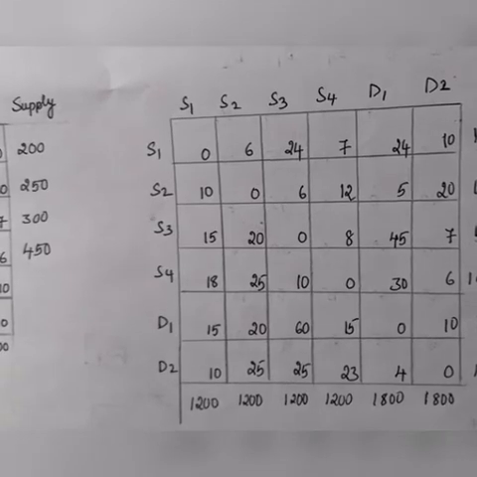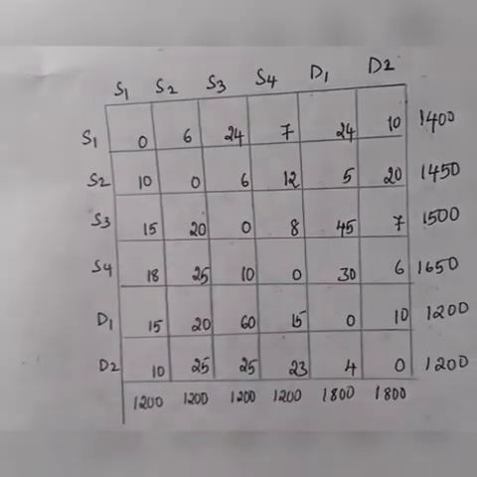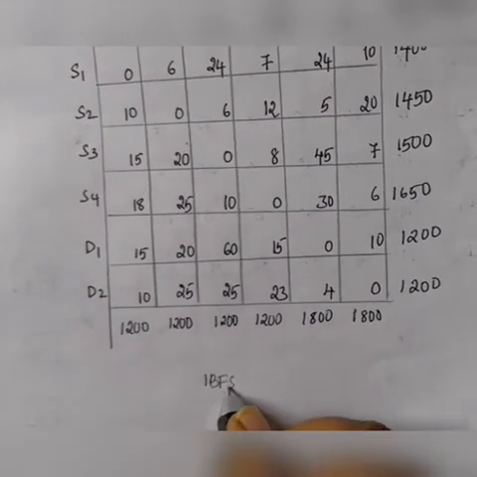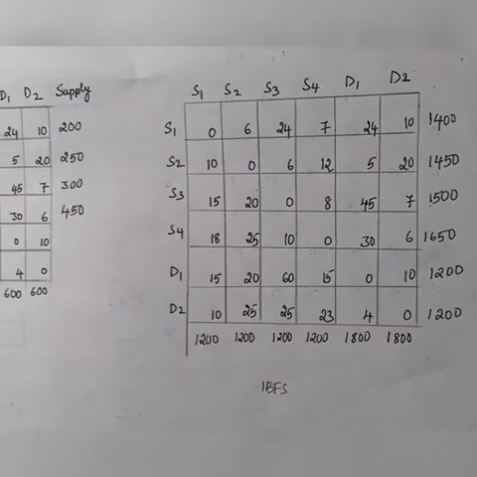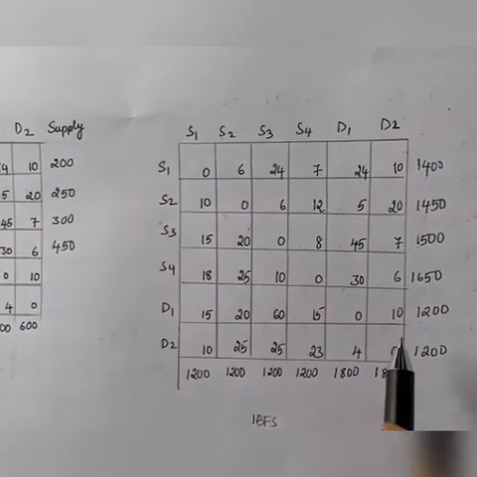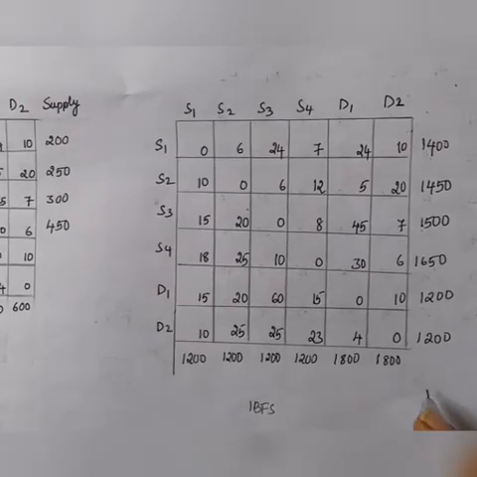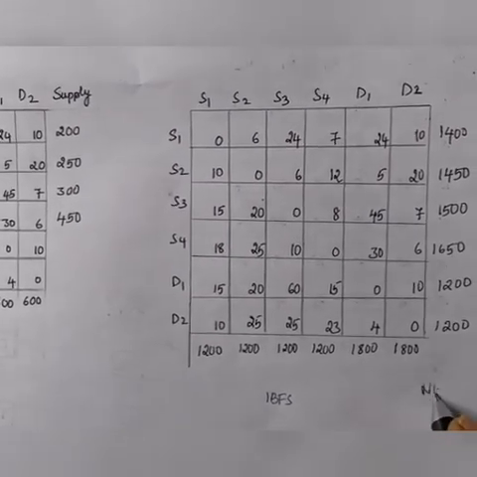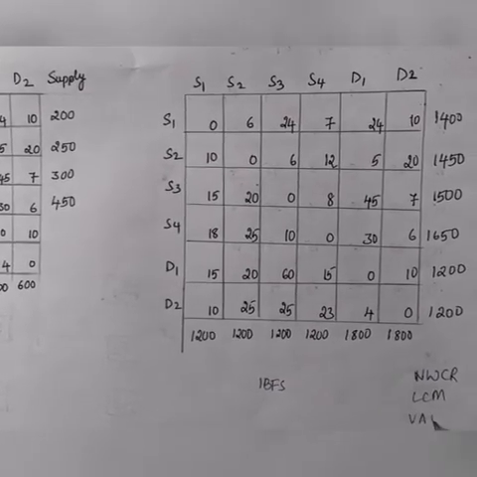Right, now the next step is to find the IBFS. You know how to find IBFS in the transportation problem, right? You have three methods: northwest corner rule, least cost method, and Vogel's approximation method.